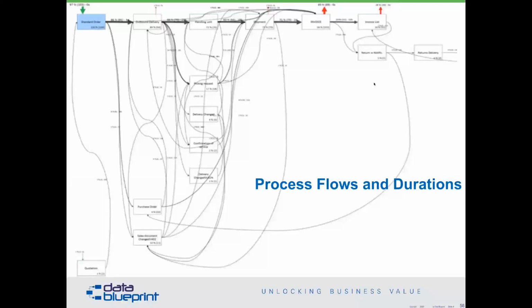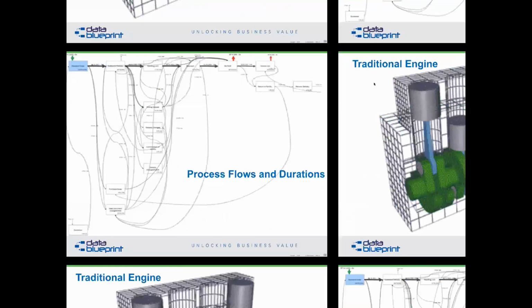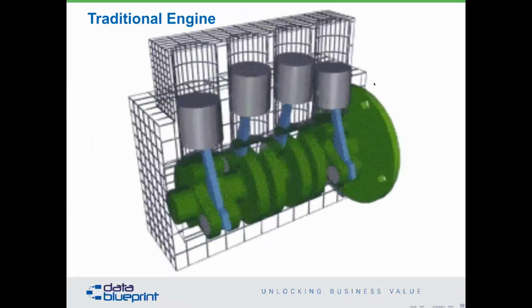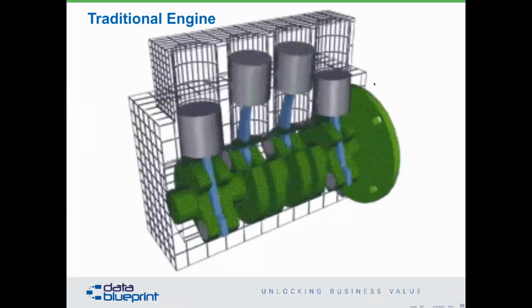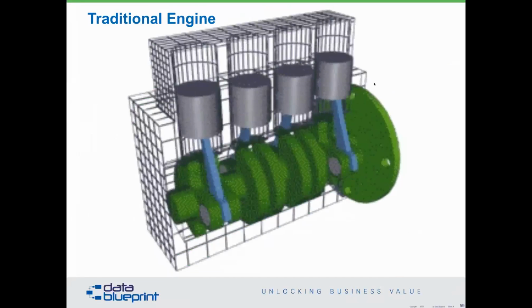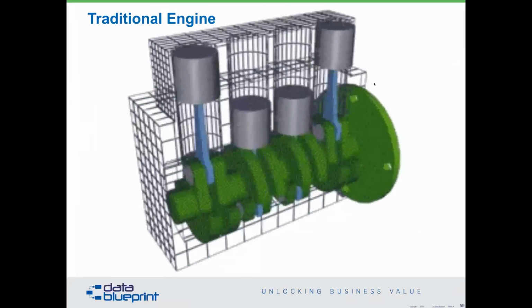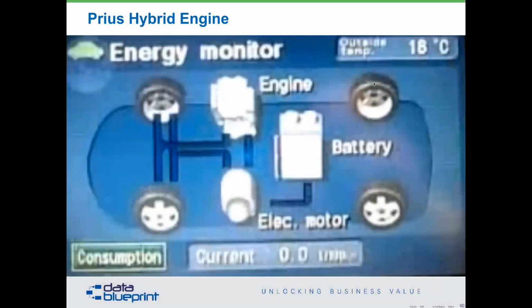Another interesting illustration of organizations that got process wrong is the automobile industry. In many cases, the automobile industry kept trying to replace the traditional engine with an electric engine. We've gotten better. Obviously, Tesla is doing well, but it was really Toyota that got this right in the first place.